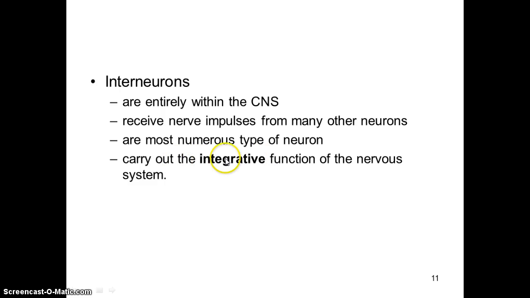And they carry out a similar function as the brain, an integrative function where they are guiding the transmission of the impulse to the correct location, to the correct motor neuron. So they receive sensory information and then direct that impulse in the correct direction for specific motor neurons. All right.